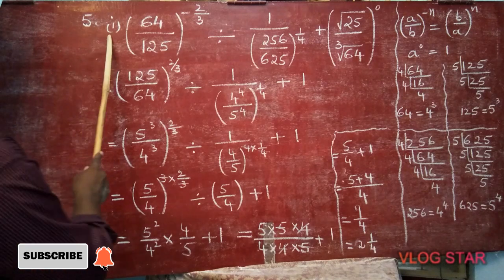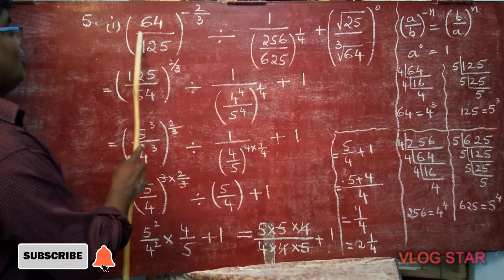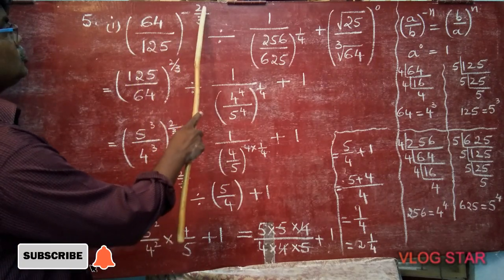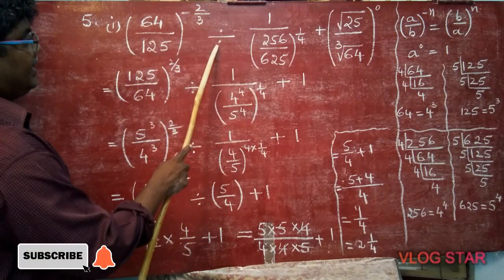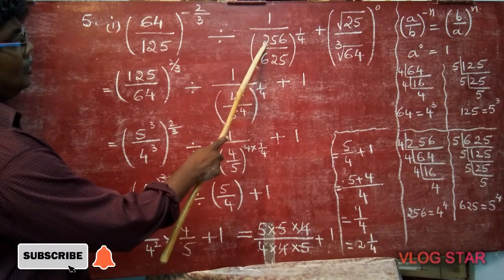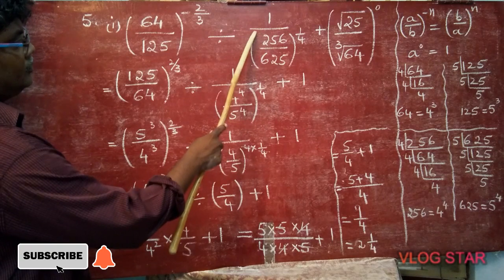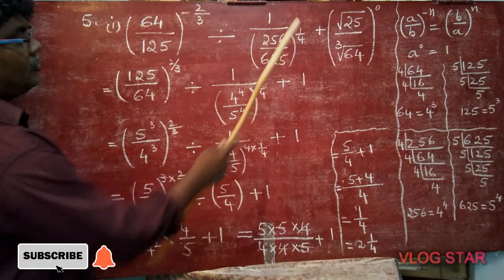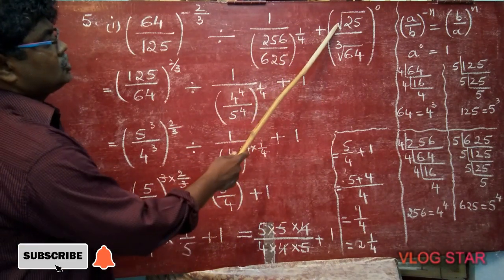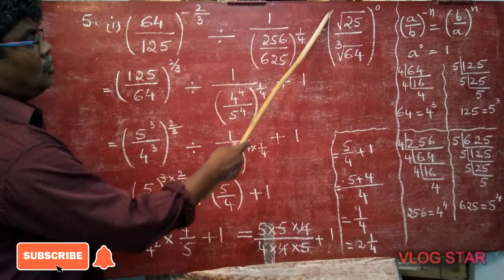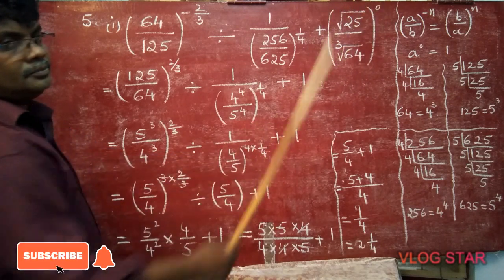Fifth problem, first bit. 64 by 125 whole to the power of minus 2 by 3 divided by 1 by 256 by 625 whole to the power 1 by 4 plus square root of 25 by cube root 64 whole to the power of 0.